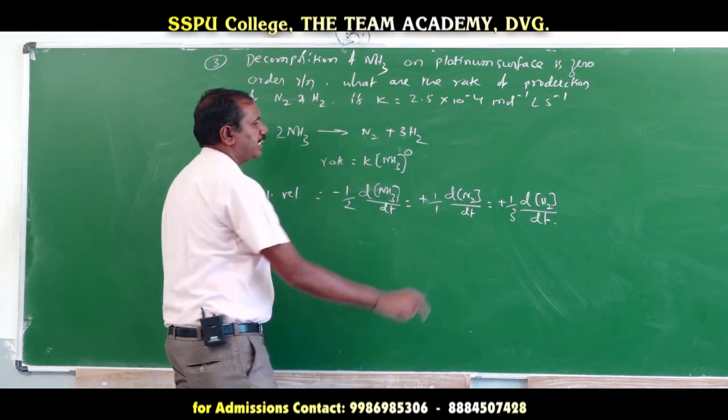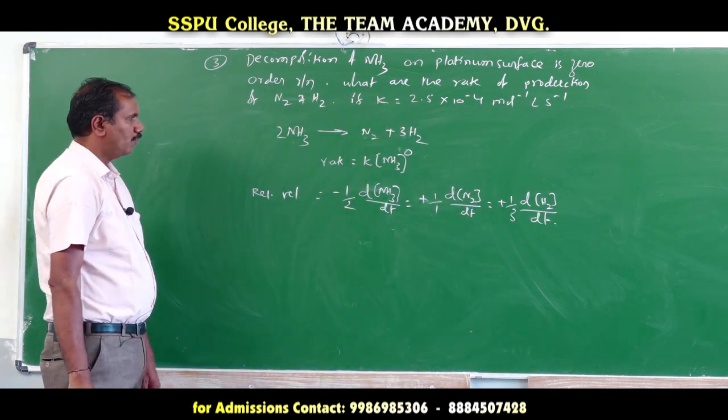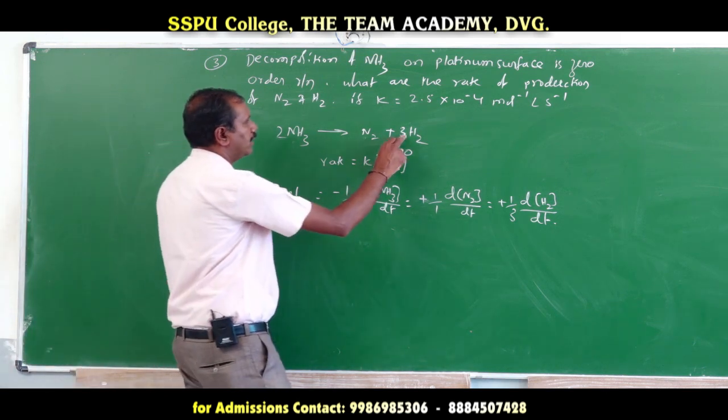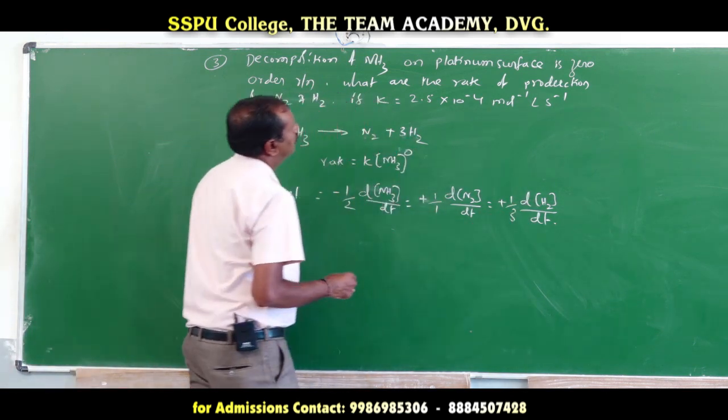The number of moles should be written in the denominator while writing the relative velocity, with the changing concentration of H2 by dt.